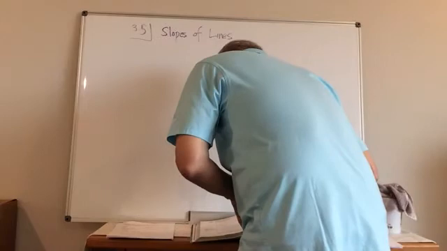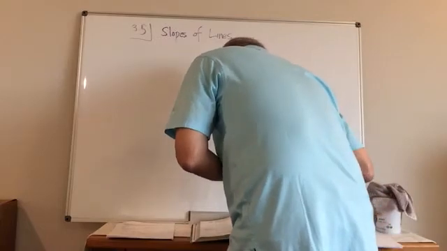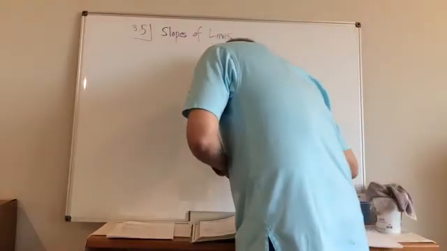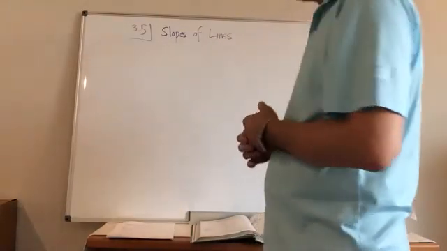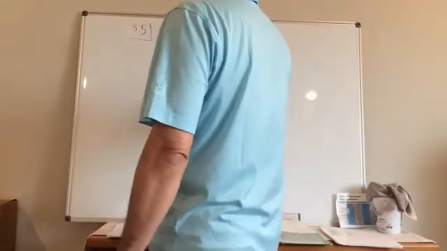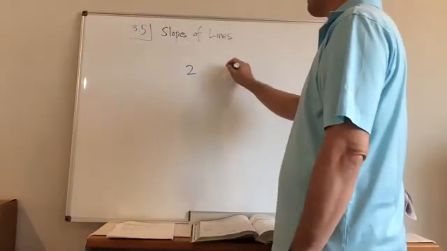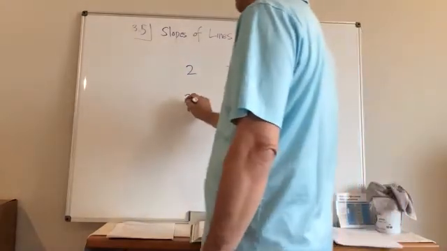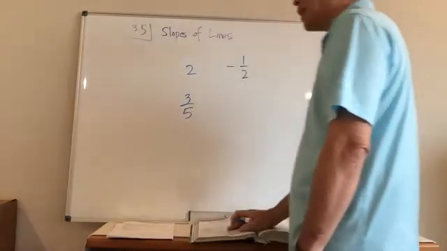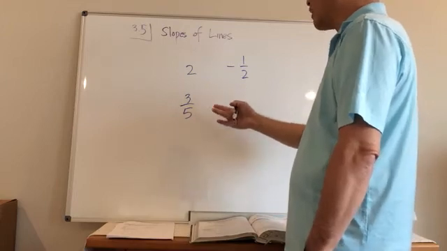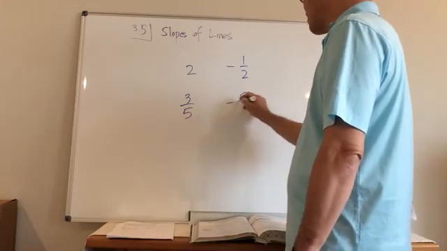3.5-2, in a coordinate plane, two non-vertical lines are perpendicular if and only if the product of the slopes is -1. Vertical and horizontal lines are perpendicular. So in other words, if one of the slopes is 2, the perpendicular line is going to be -1/2. If the original slope was 3/5, you would flip it and add a negative to it, so you have -5/3.